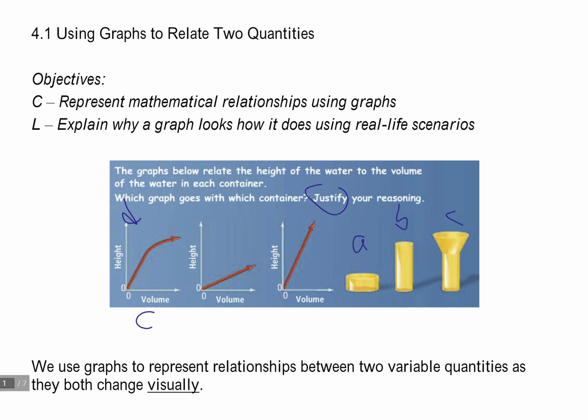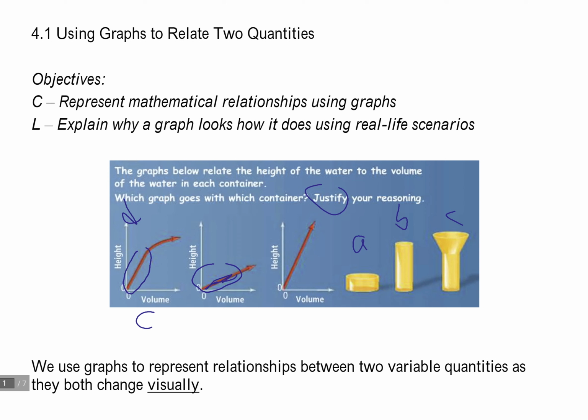I think it's pretty clear that this one has to go into container C, right? Because if you compare this region right here to this region, the volume on the horizontal axis to the height on the vertical axis, it seems like we're getting more height more quickly on this first graph compared to the height here on the second graph, right?